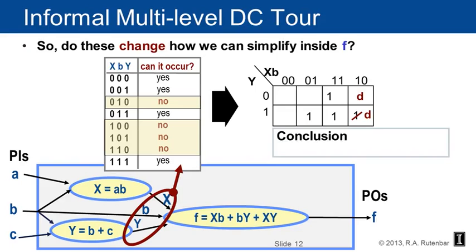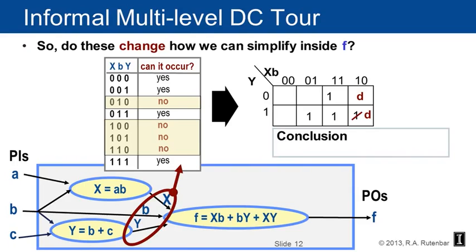Okay, so if we take these impossible patterns, I'm drawing the Boolean network again: x is ab, y is b plus c, f is xb plus by plus xy. I'm drawing the impossible patterns above the x, b, y inputs to f: 010, 100, 101, 110 for x, b, and y. Those are impossible.